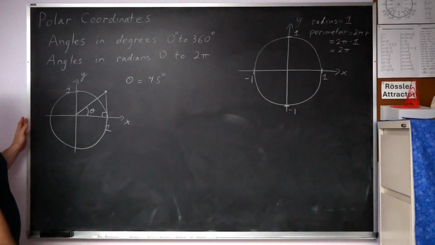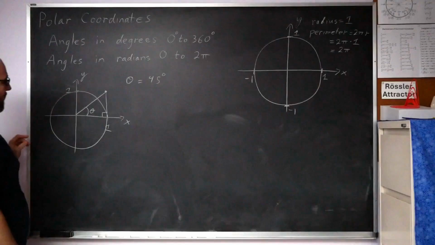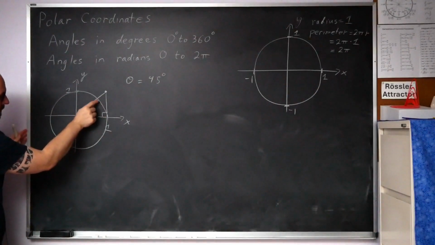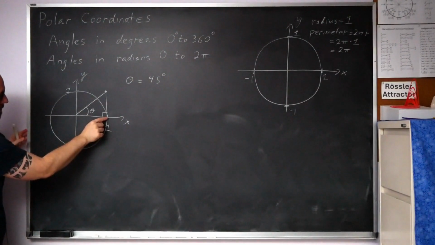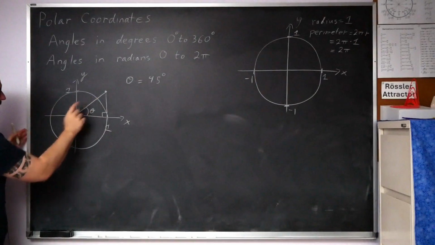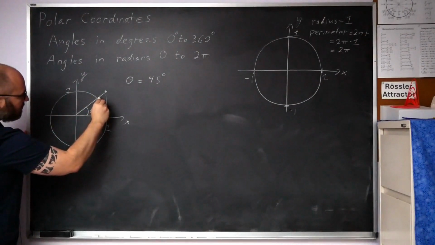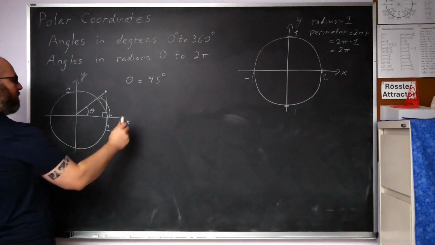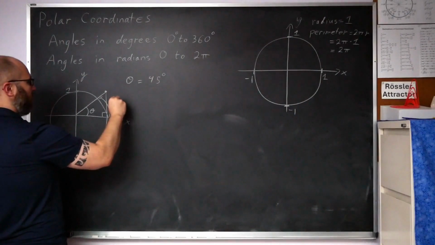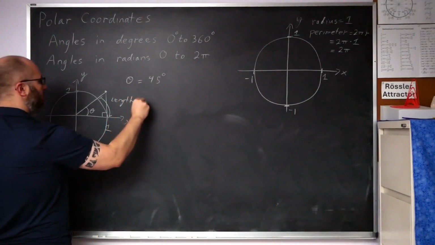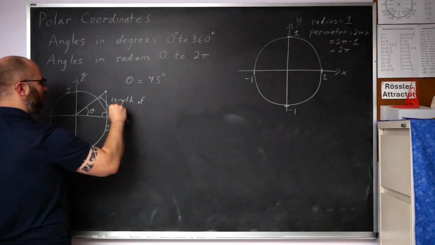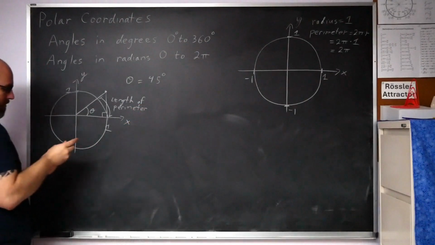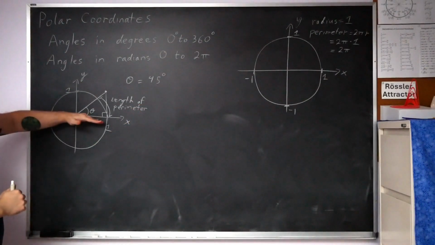If you want to express that in radians though, it's the length of this arc, where you start at the triangle right here and go up until there. The length of the perimeter in just that arc is equal to, well, you've gone a quarter of the way to the halfway point.